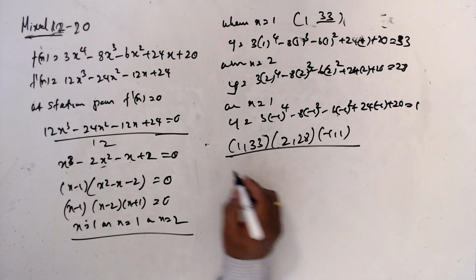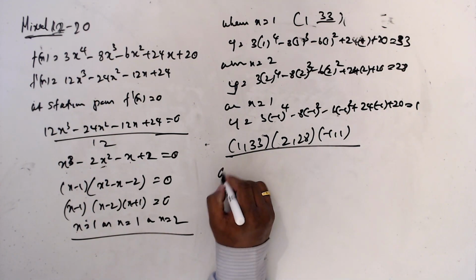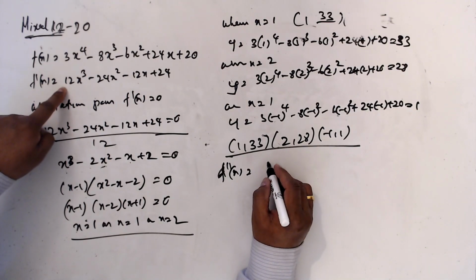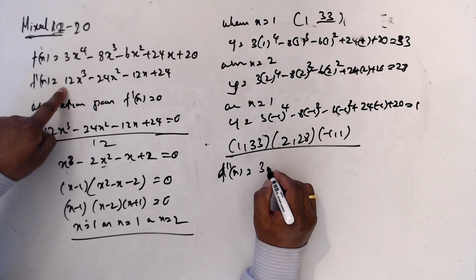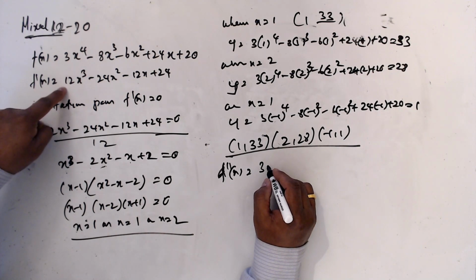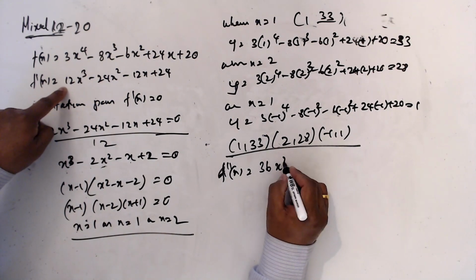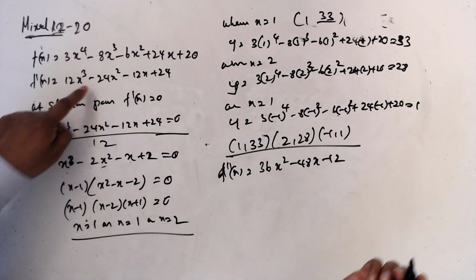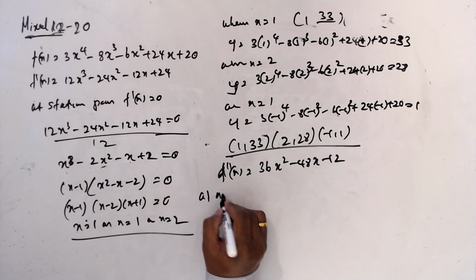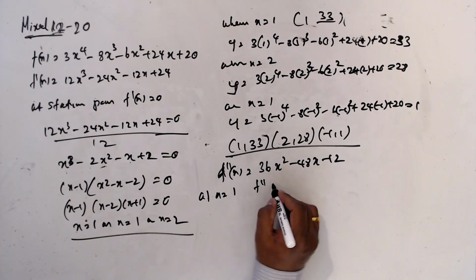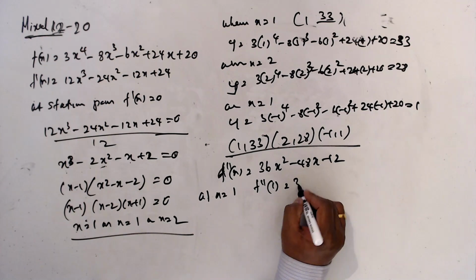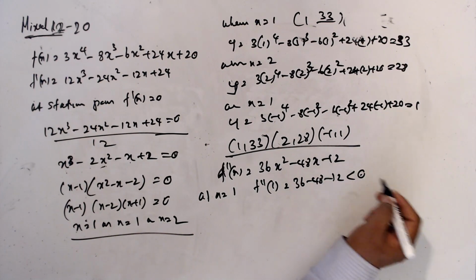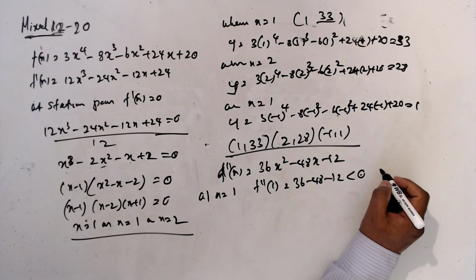Then we will check the double derivative. F double dash x equals 36x square minus 48x minus 12. So at x equals 1, f double dash 1 is 36 minus 48 minus 12, less than 0. What is this one?